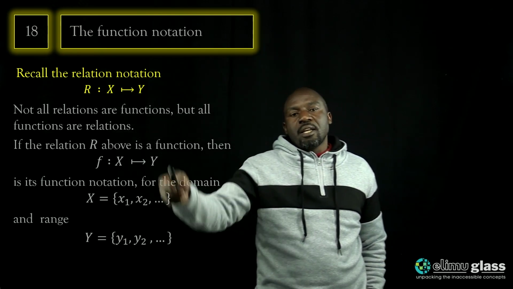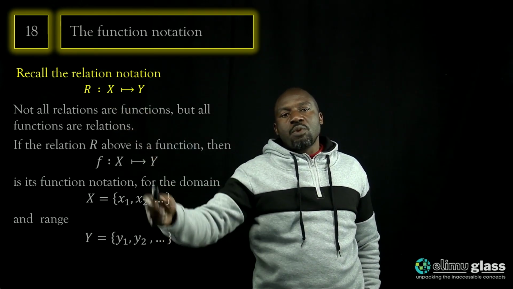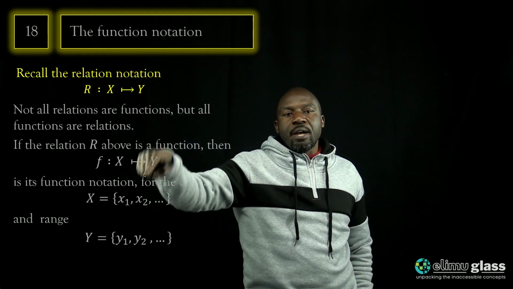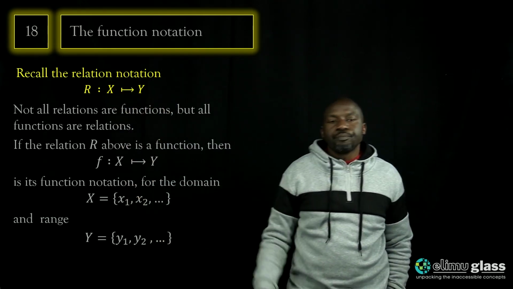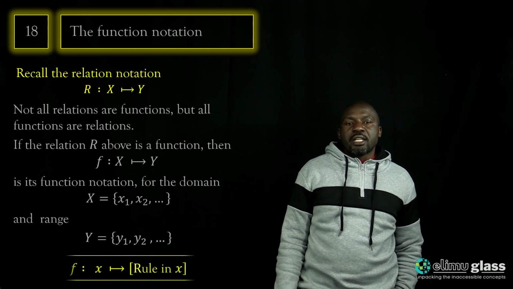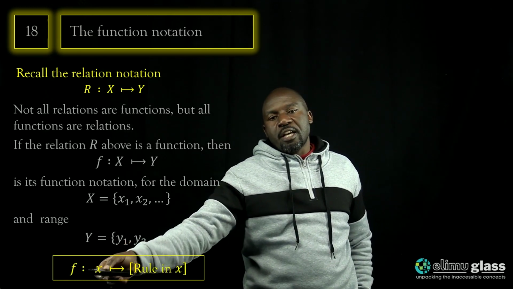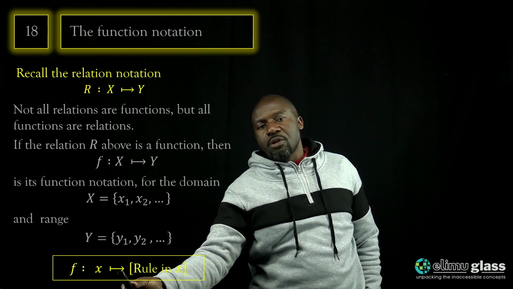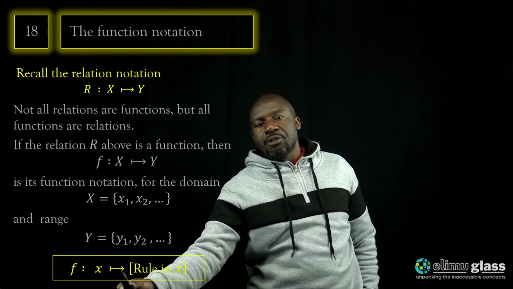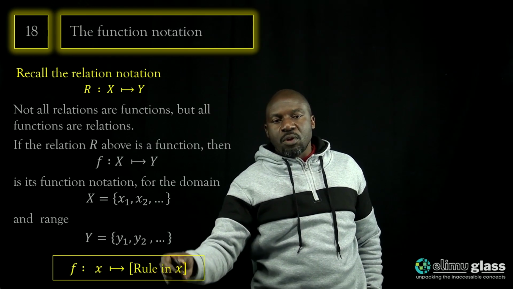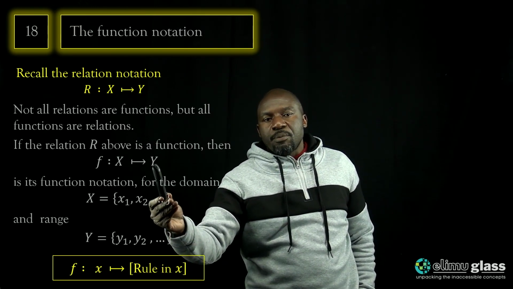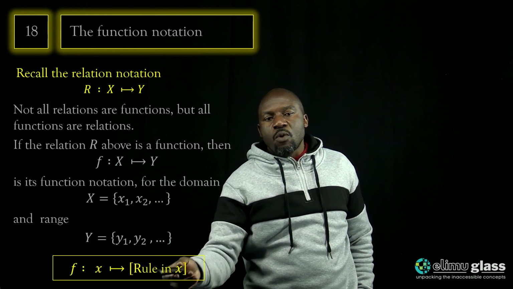If that's the case, then these are the ones that we put here. So we can put a value of x1 there and it will give me a value of y1 and so on. In which case the function notation is written as f is such that x maps onto, and we put a rule here. Now that rule is represented by y, but we don't put the y there.